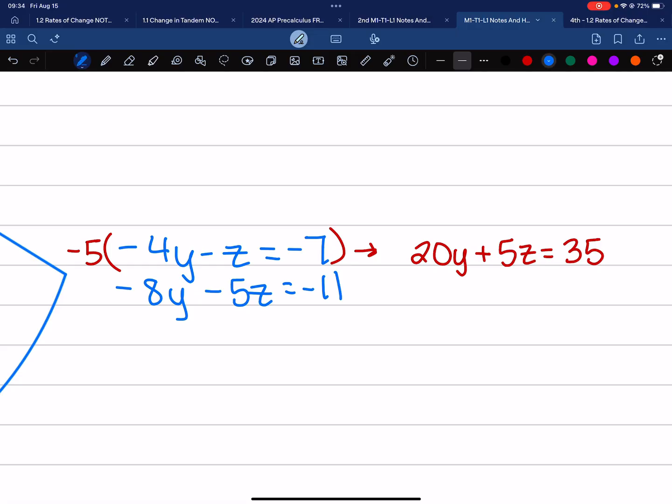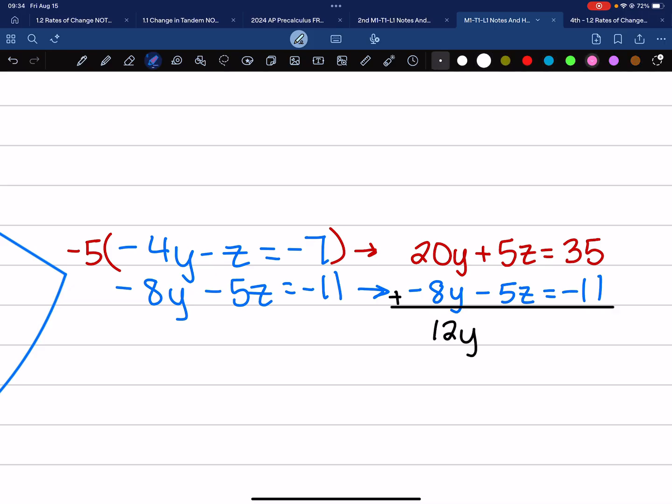The bottom equation is going to stay the same. It's not going to change. So negative 8y minus 5z equals negative 11. And now we're going to add these two together. And so 20y plus a negative 8y is a 12y.